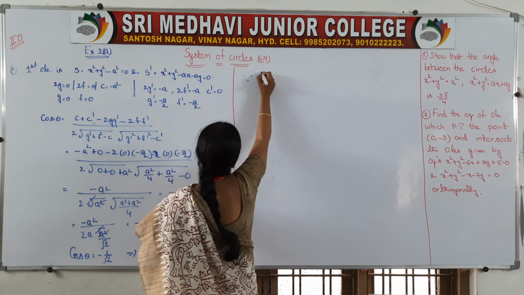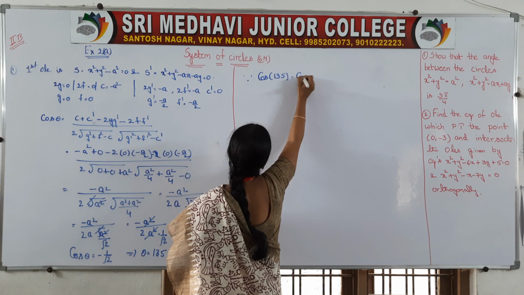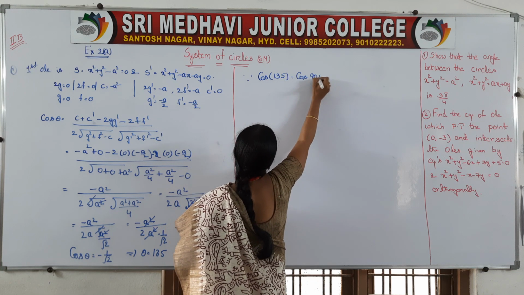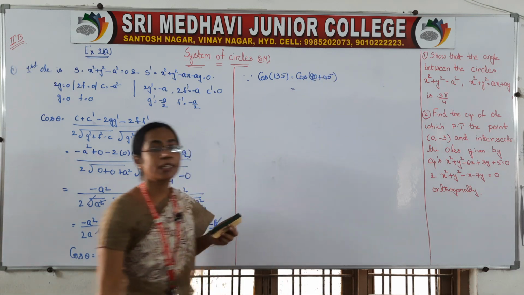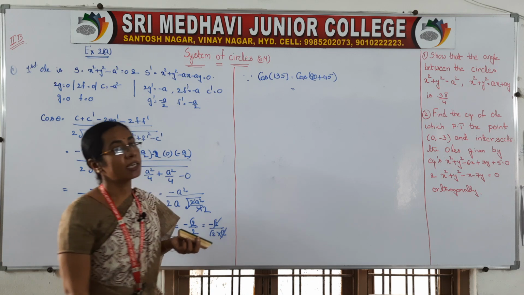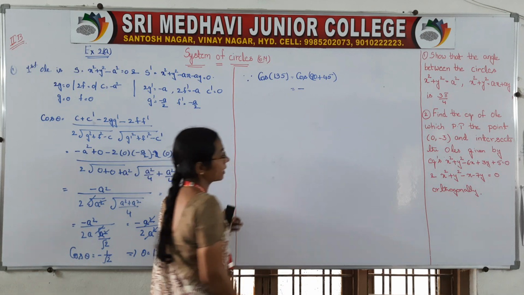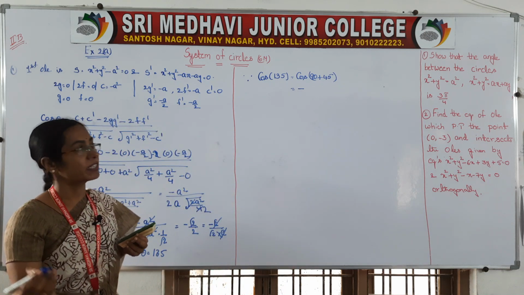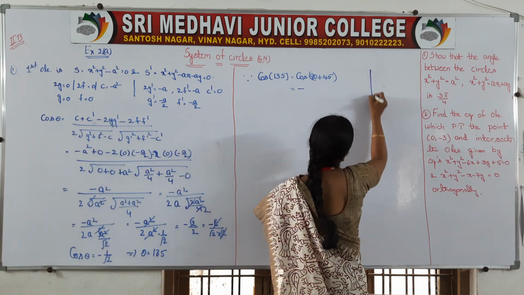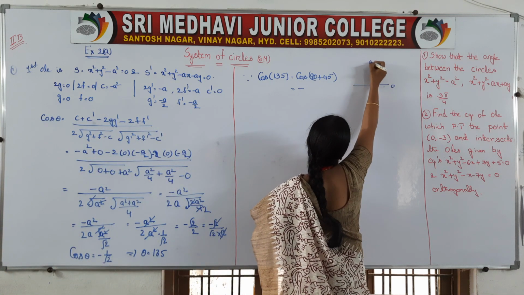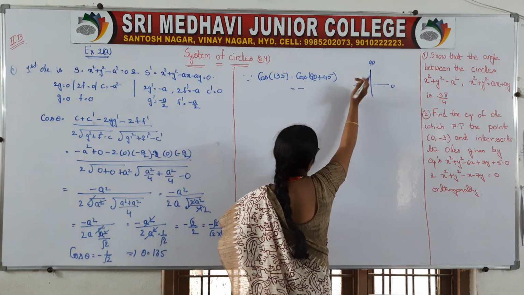Cos 135 we can write as cos of 90 plus 45. 90 plus belongs to the second quadrant.